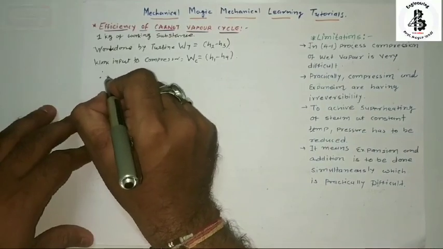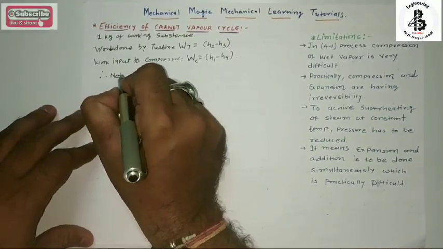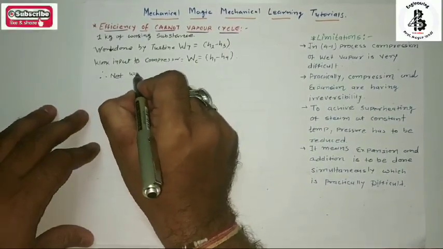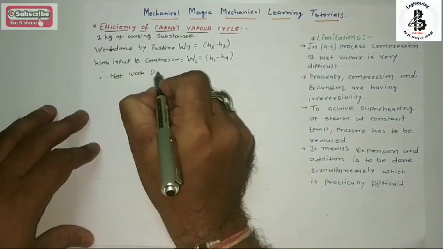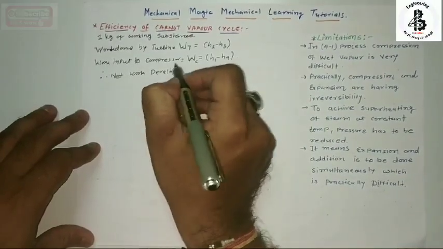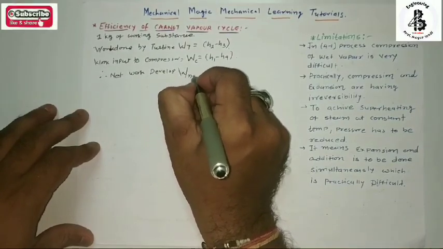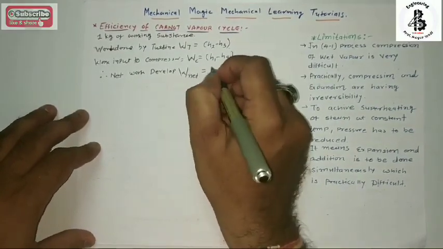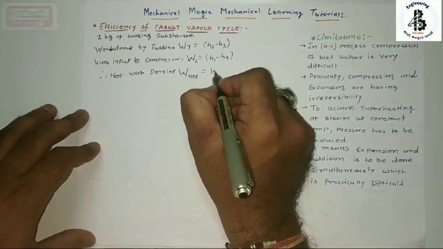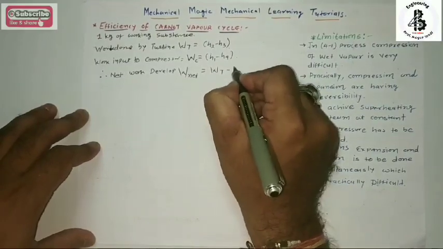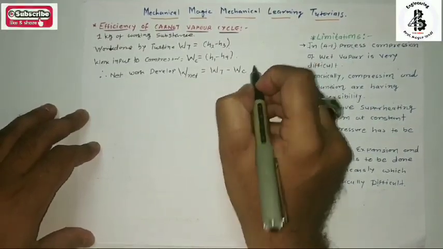So the net work developed, W net, will be equal to turbine work minus compressor work.